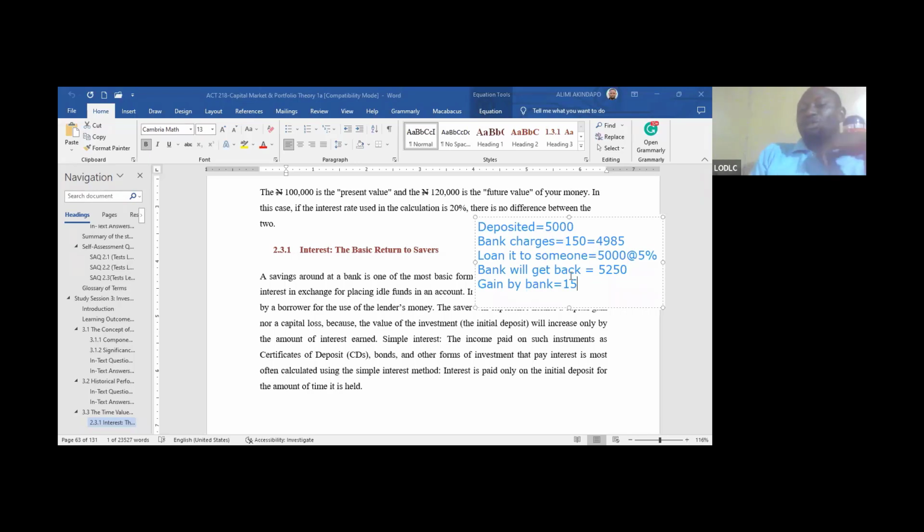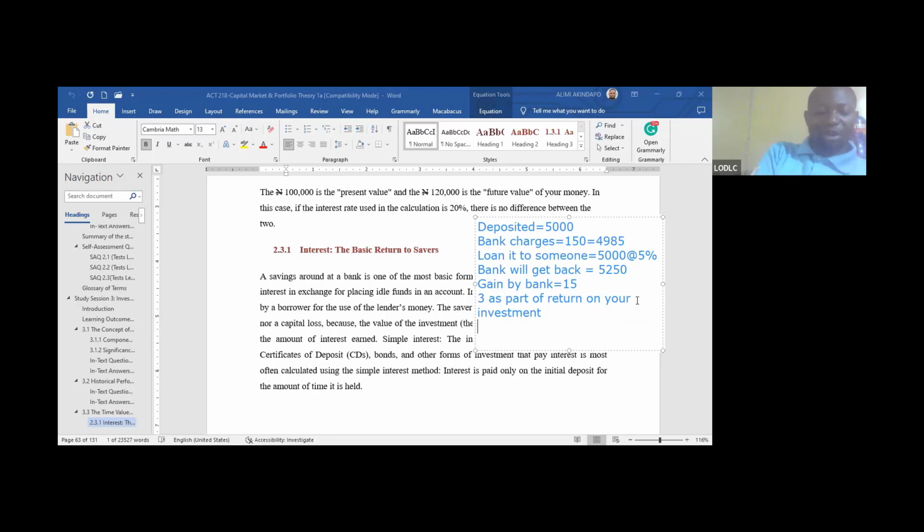So now, out of this gain, the bank will give you 3 naira as part of return on your investment. So now the bank will pay you back 4,985 minus 3.